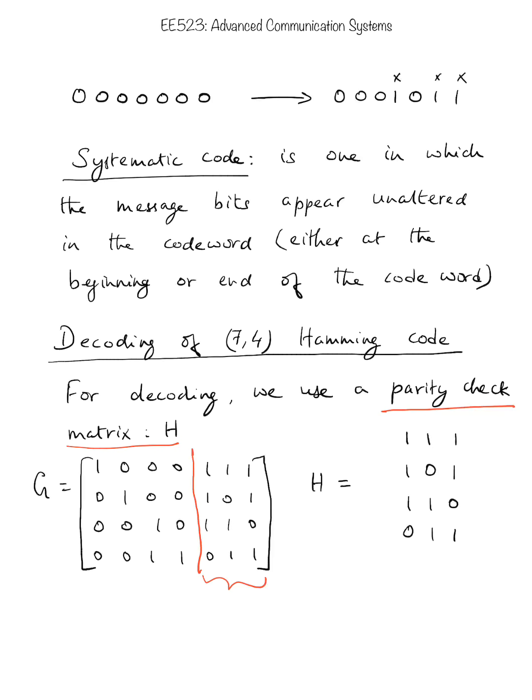We've written that as it is, and because our code words are of length 7, we are going to multiply these code words with the parity check matrix to get some result, and based on the result we can detect and correct the errors. Because this is a row vector of length 7, that means we need to have 7 rows in the parity check matrix. So we need 3 more rows here.